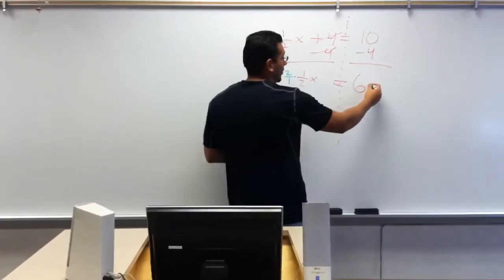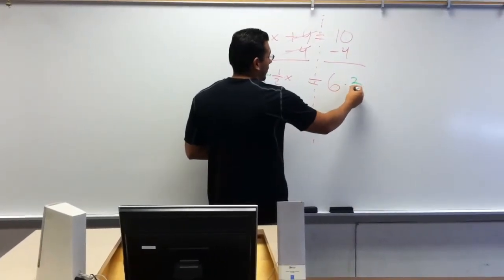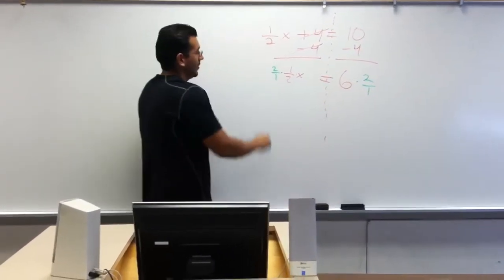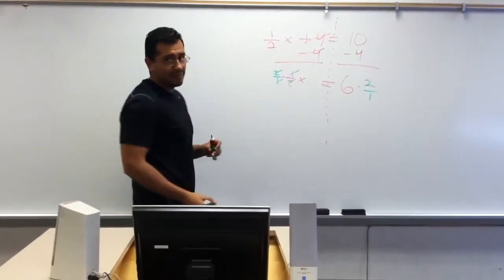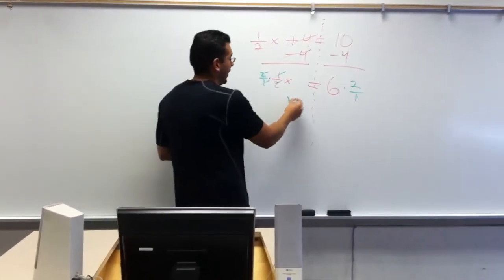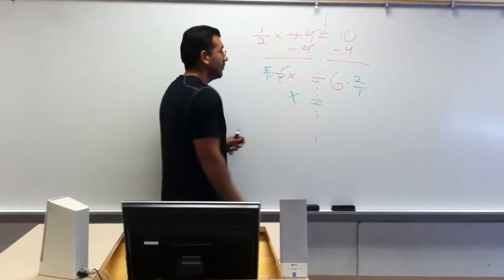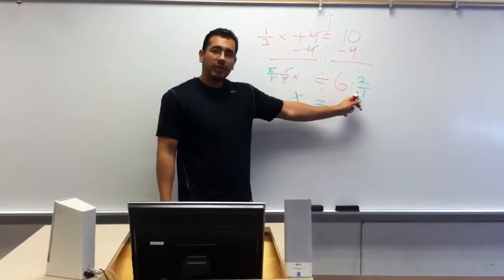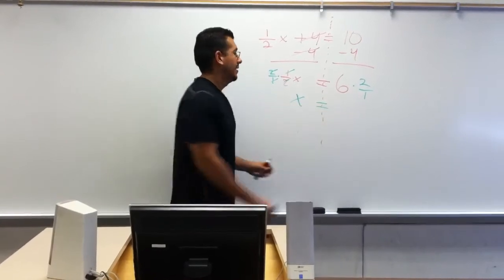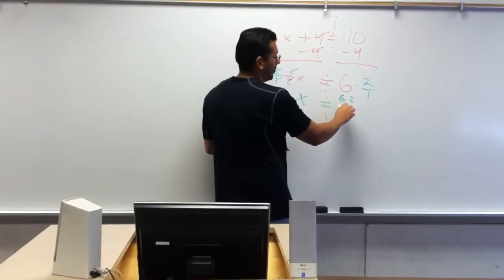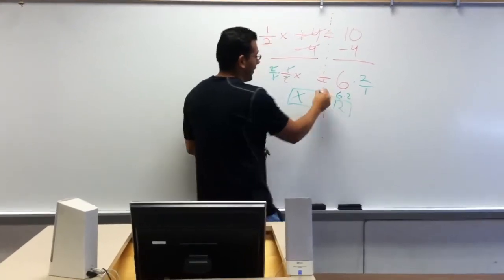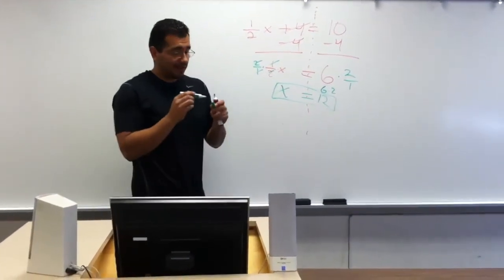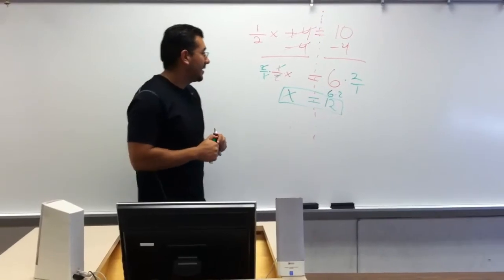So that's what I'm also going to multiply this by, 2 over 1. So here we can see this 1 and this 1 cancel, and this 2 and this 2 cancel. So we're left with x equals, and 2 over 1, we know this is just 2, right? So this is really 6 times 2, 12. So now x is by itself. So now we have x equals 12.